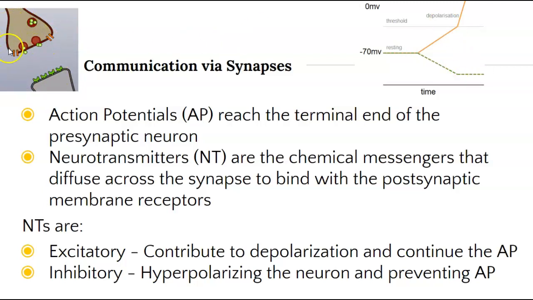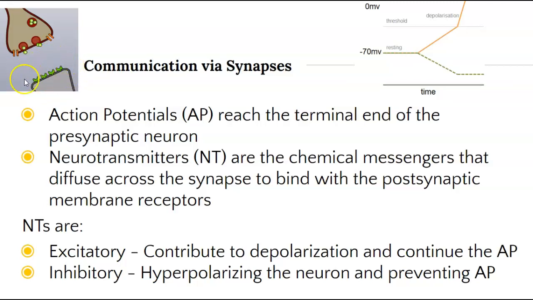This is the end of the first neuron. The chemical messengers get packaged up into little vesicles, and they go to the end of the first neuron. They will be released across the synaptic gap. Once released, they will bind with the receptors on the second neuron.